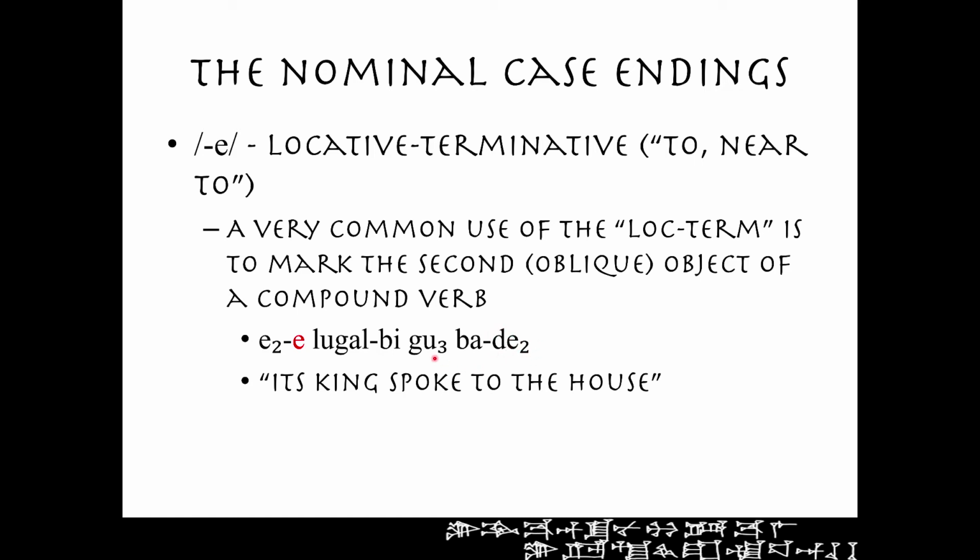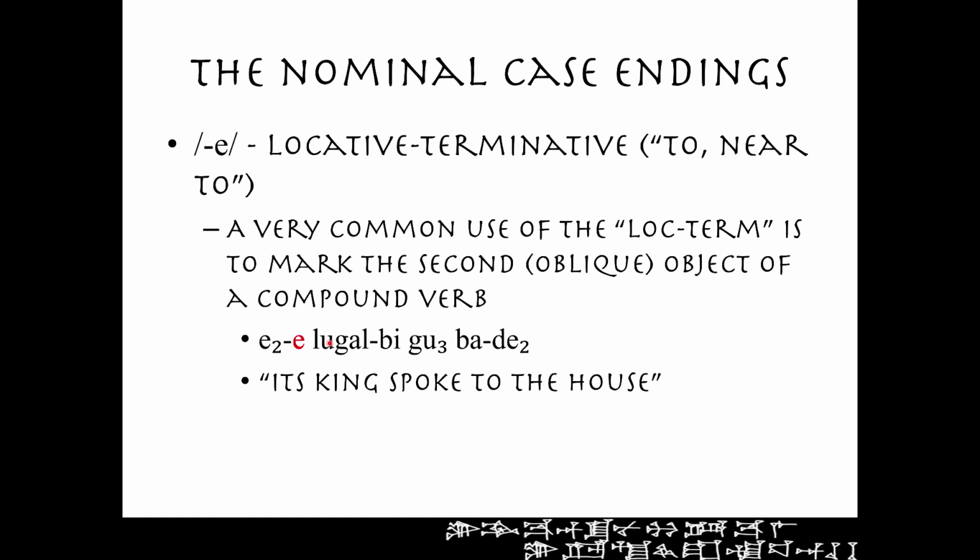But because this acts as a verb itself together, how do you mark the object of this verb if this is already the object of it? Well, what they do is they say, we're going to call that a second object out here, right? This is the first object, this would be the second object. And the way they mark that second object of a compound verb is with E, often.